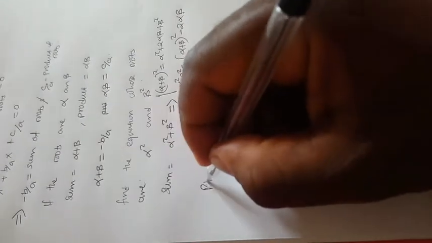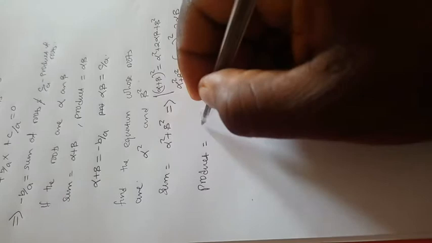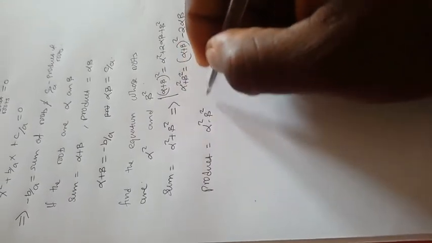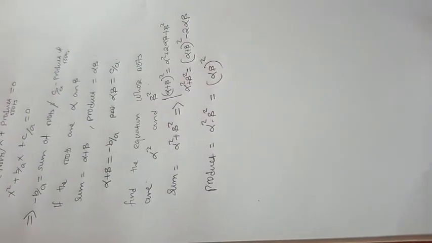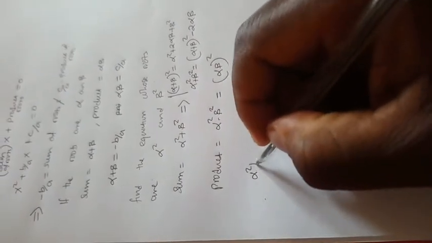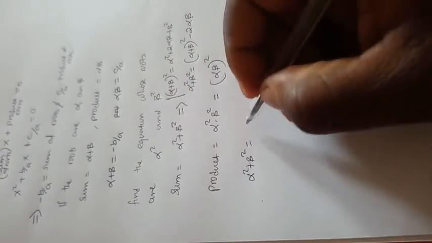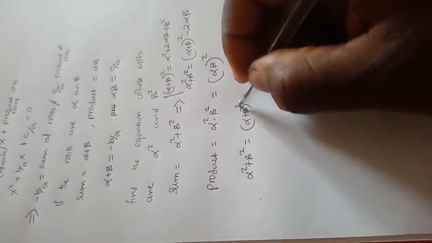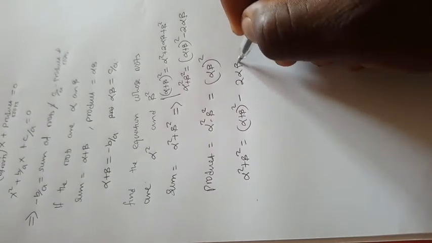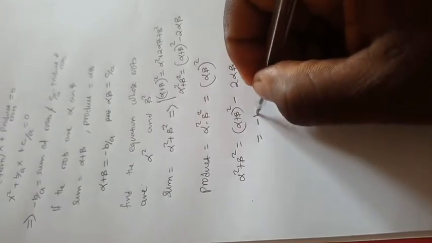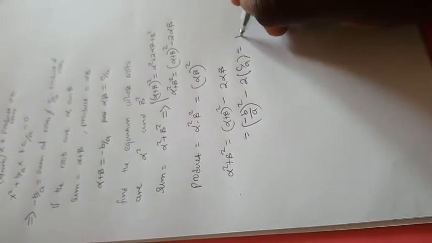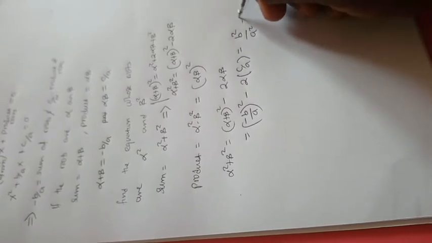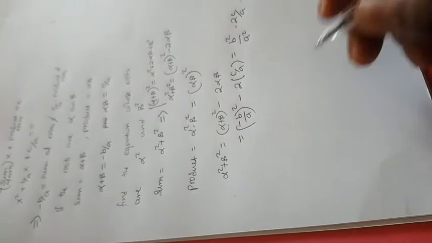Then, if I want to get their product, I'll get it from alpha squared times beta squared, which shall give me alpha beta, but now the whole of it is squared. So, for the sum of the roots, I'll borrow from alpha plus beta, which I've already identified, and twice their product. Remember, this is negative b over a squared minus 2 of c over a, and this will give me b squared over a squared minus 2c over a.